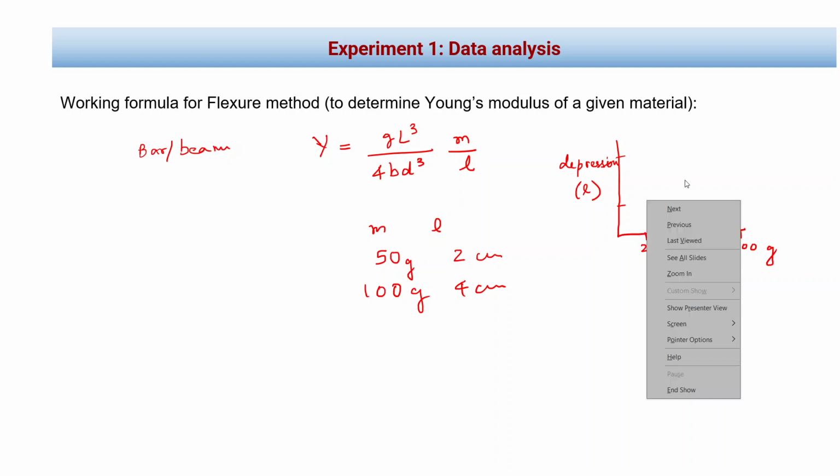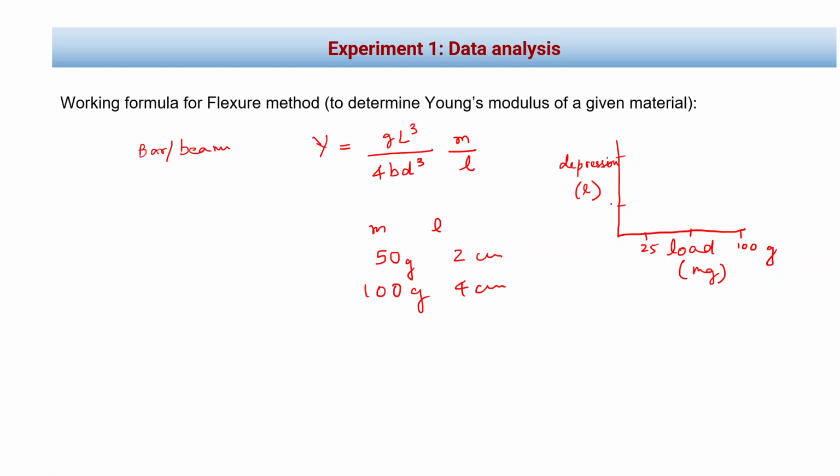So we'll plot one here, one here, and correspondingly plot these data points, and we'll see that there will be a linear relation, right? Because all these values are constant for a material. What is changing when I'm changing the mass is this change in depression. So you can see it's a linear relation.